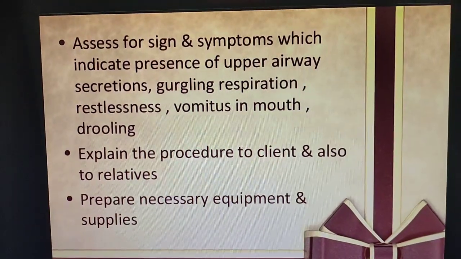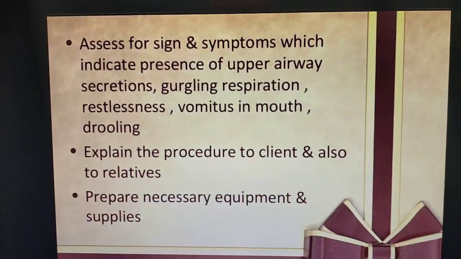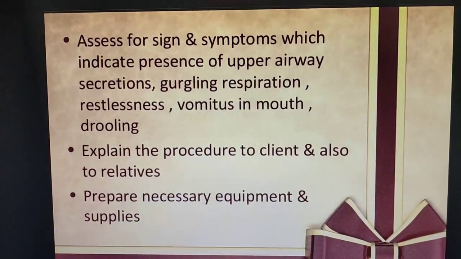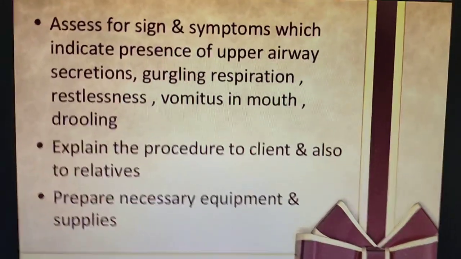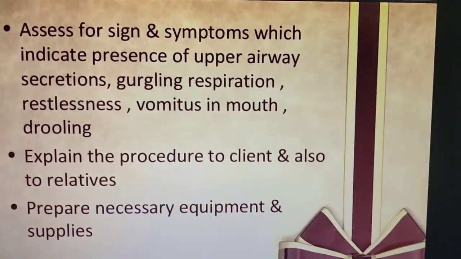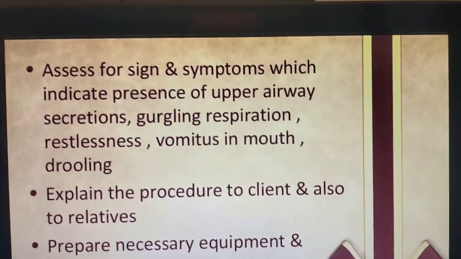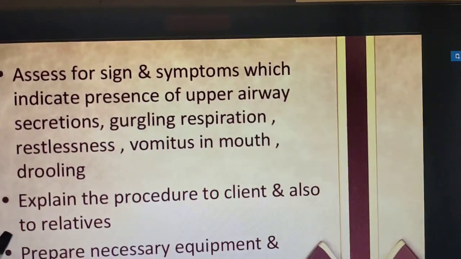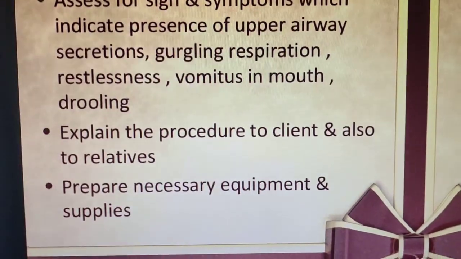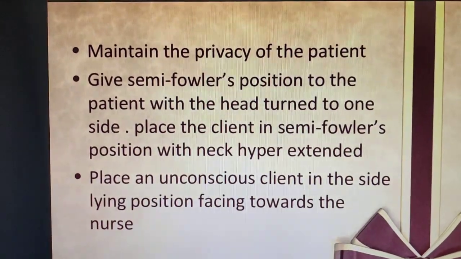First, assess the patient for signs and symptoms such as being unable to cough and having secretions in the airway. If you assess with the stethoscope, you can come to know the different kinds of respiratory sounds you may get. Through that you have to assess properly, then explain the procedure to the client and relatives, and prepare the necessary equipment and supplies. Maintaining privacy for the patient is important.